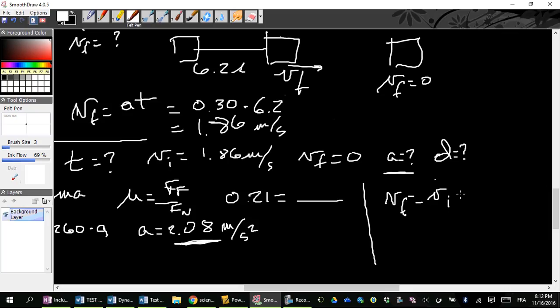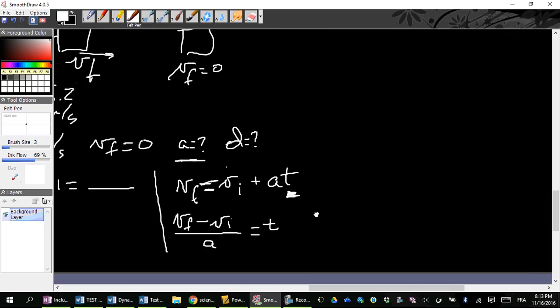Final equals VI plus AT. This is good. So I'm looking for time. So rearrange that. So VF minus VI divided by A. Fill that in.